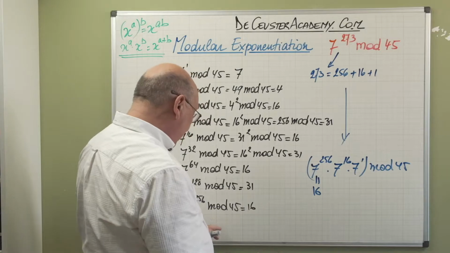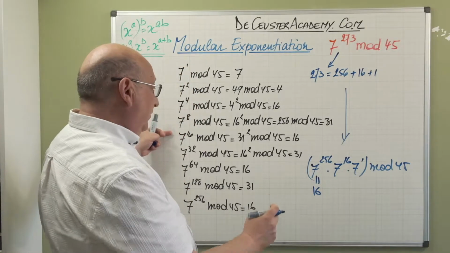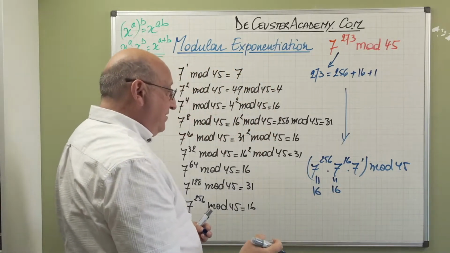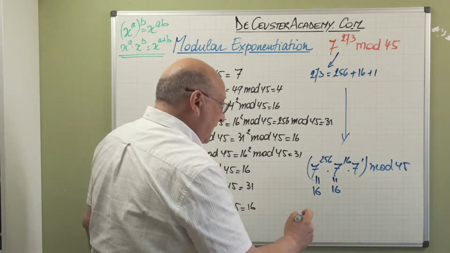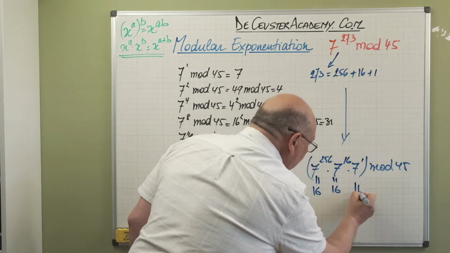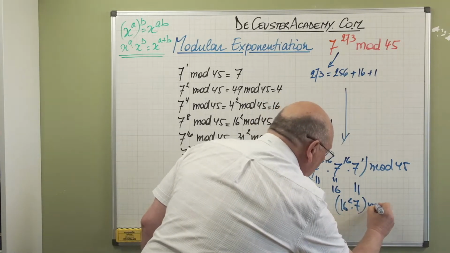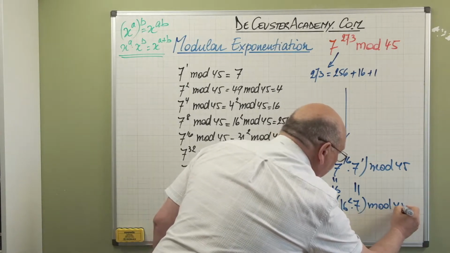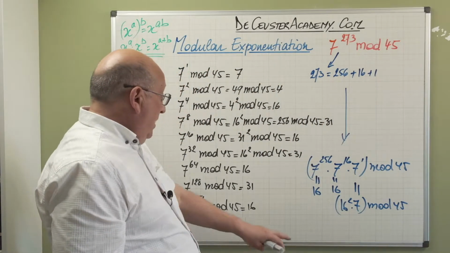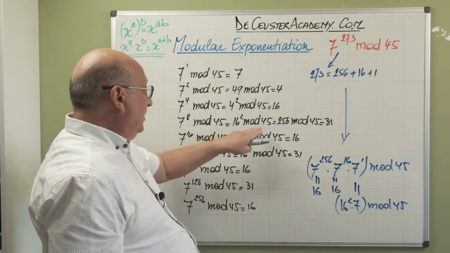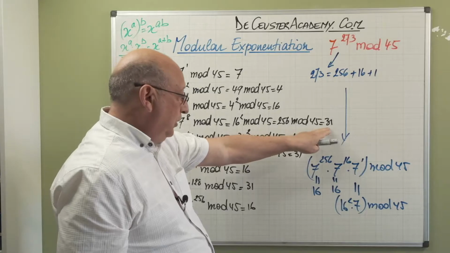All in modular mathematics, of course. 7 to the 16 is also 16. So basically what we have here is 16 squared times 7 modulus 45. 16 squared is 31.